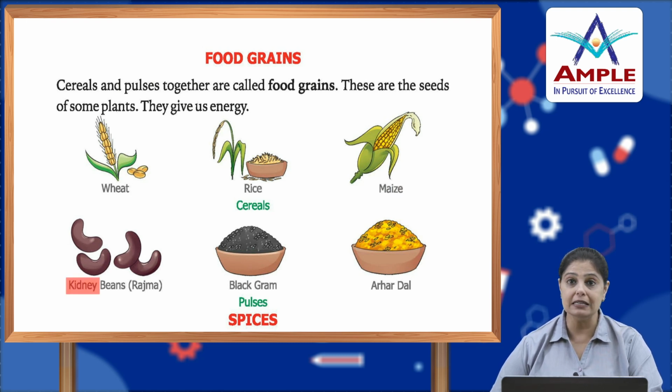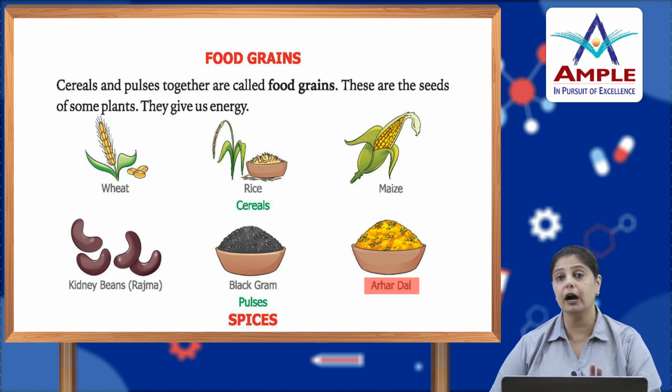Then you have kidney beans, which is the rajma. Black gram, okay. Then you have the arhar dal. So, these are different types of dal that we have at home, or grains that we have at home, okay. Pulses or cereals are a part of our daily diet also, okay, the food that we eat.